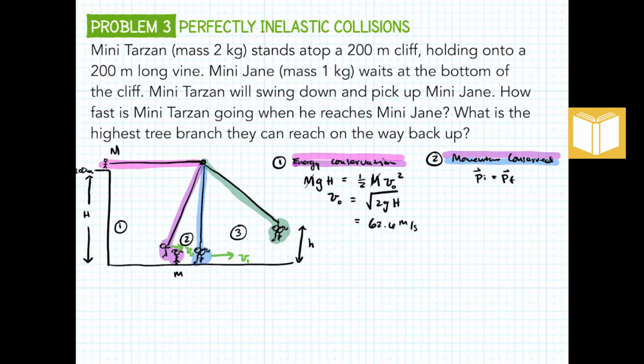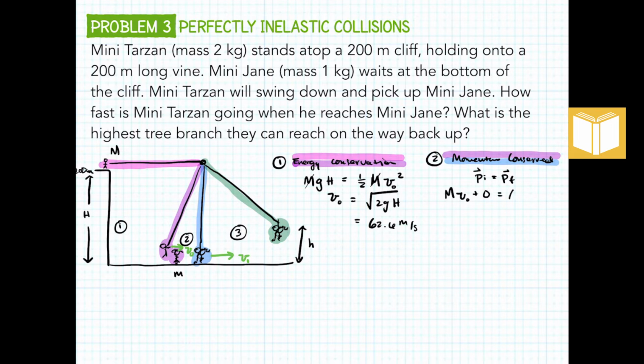Okay, our initial momentum is, we have 2 objects. So we have Tarzan's momentum and Jane's momentum. So what's Tarzan's momentum? 62.6. Yeah, so 62.6 times his mass, right? Plus, what's Jane's momentum? 0. Why is it 0? She's not moving, so it doesn't matter what her mass is.